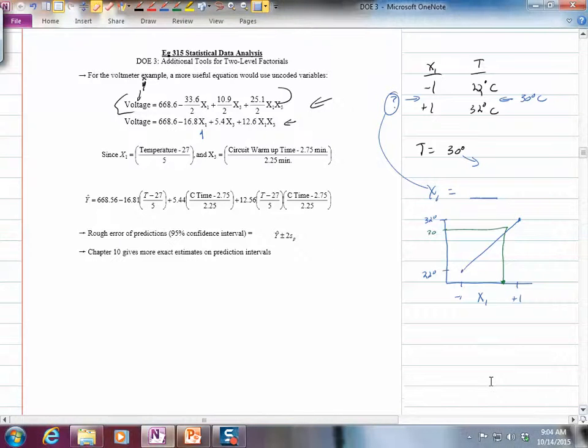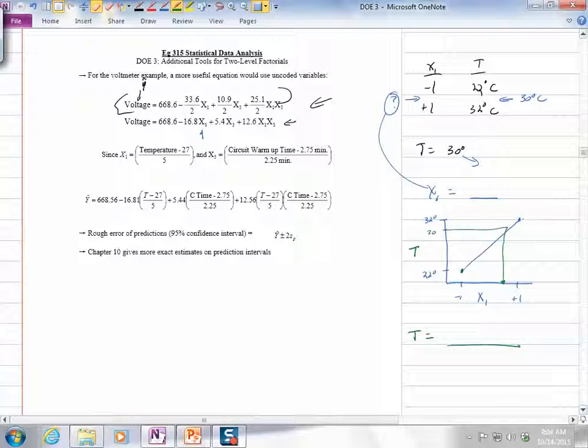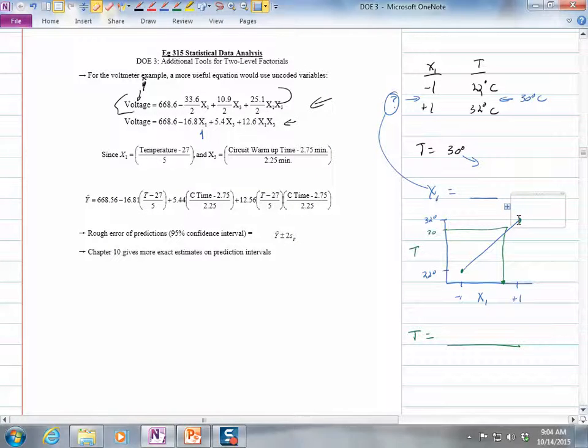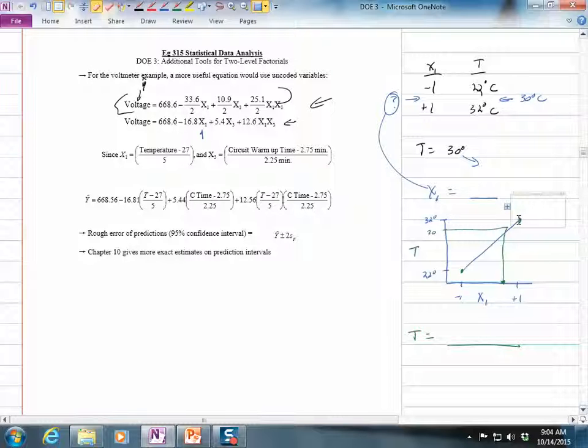So let's get the equation of that line. T equals what? Y equals mx plus b. You have 2 points, and I'm asking you to do the 7th grade algebra, 8th grade algebra, 6th grade math, I don't know. 2 points to get an equation of a line. So take a minute to do that.